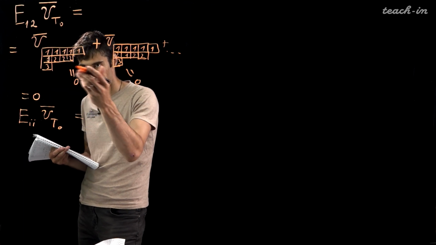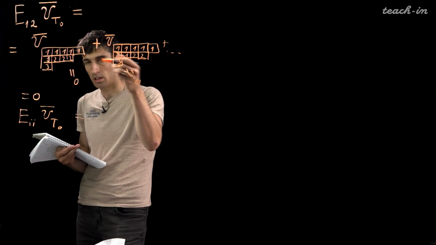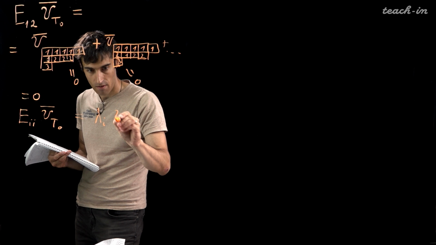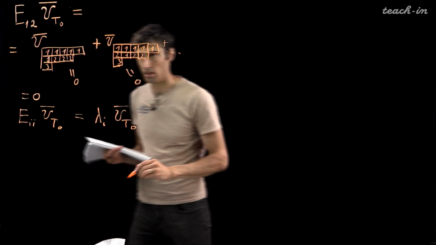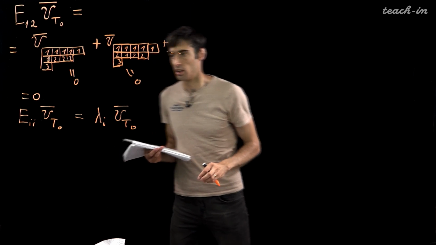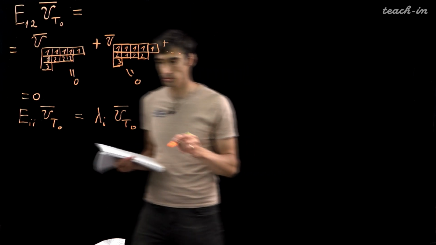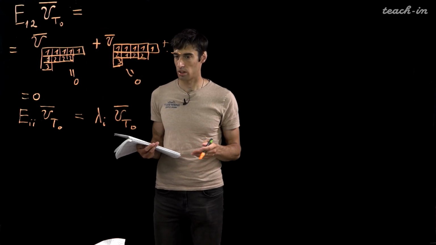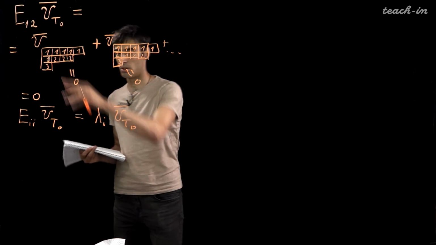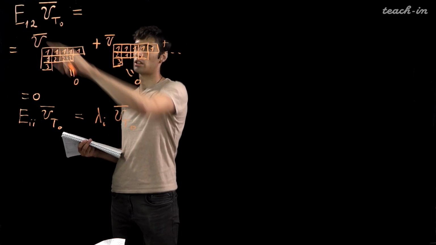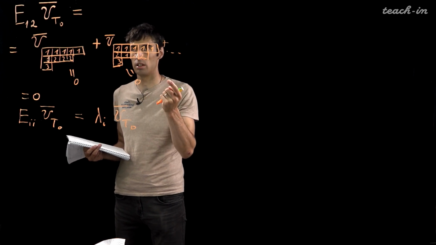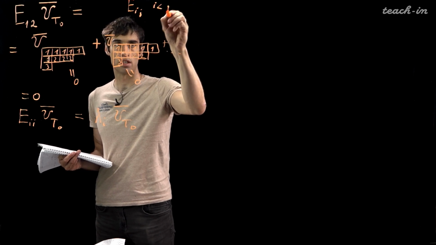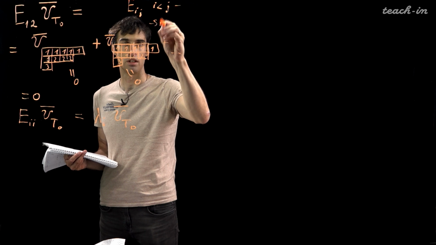But the number of boxes with i is exactly the length of row i, which is lambda_i. So this is lambda_i v_t0 bar. And so if this vector is not 0, this gives me a single vector of needed weight. Of course, I checked for e12 here, but for e_ij with i less than j, for others, similarly.